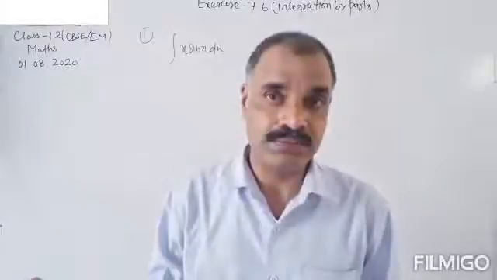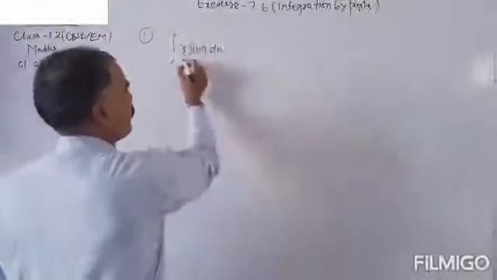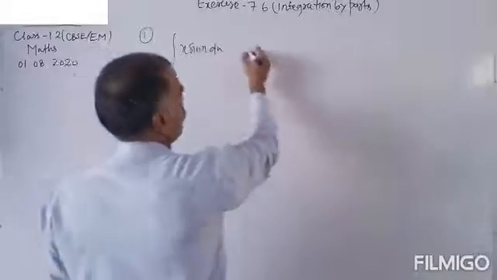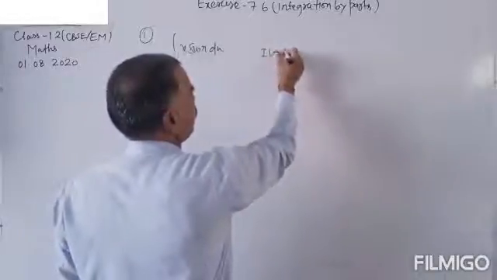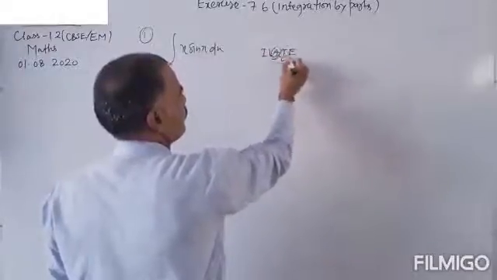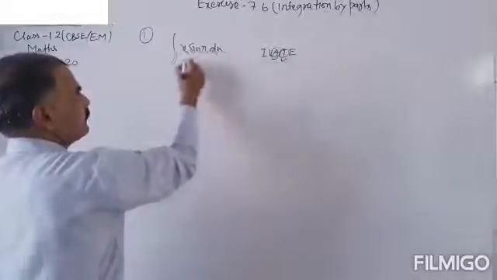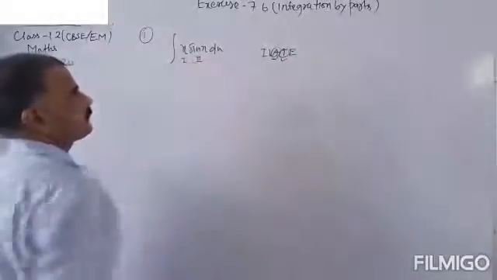So which one is the first function and which one is the second function? As per the ILATE rule, A is algebraic and T is trigonometric. A comes first, so x is the first function and sin x is the second function.